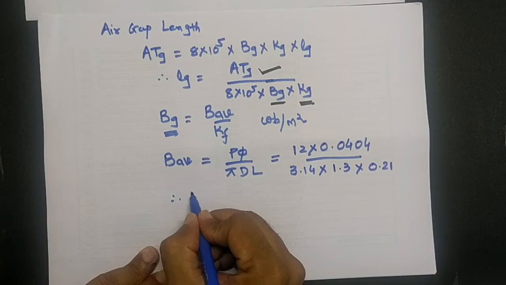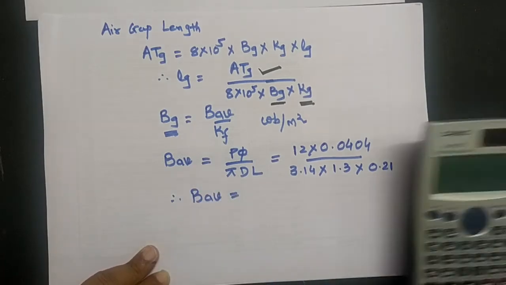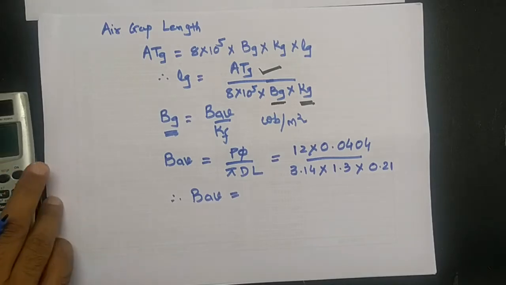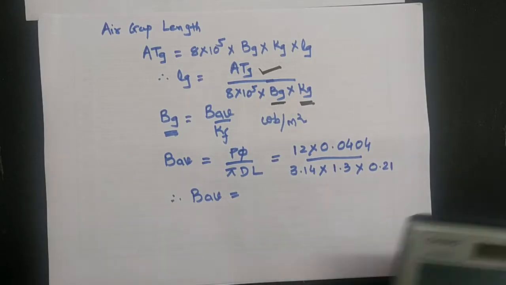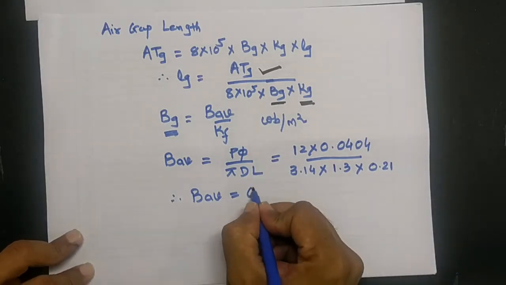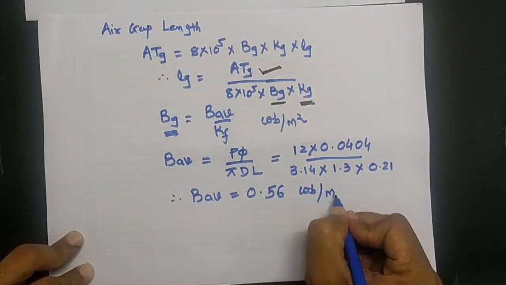Therefore Bav, the specific magnetic loading, equals 12 multiplied by 0.0404 divided by 3.14 divided by 1.3 divided by 0.21, which comes to 0.5655. So we can take 0.56 Weber per meter square.